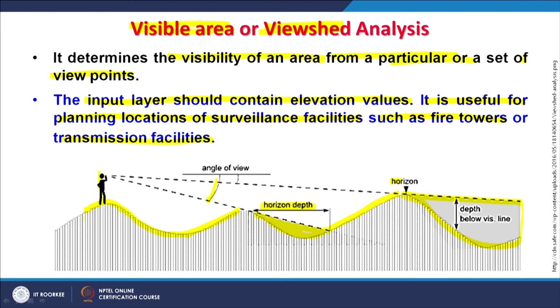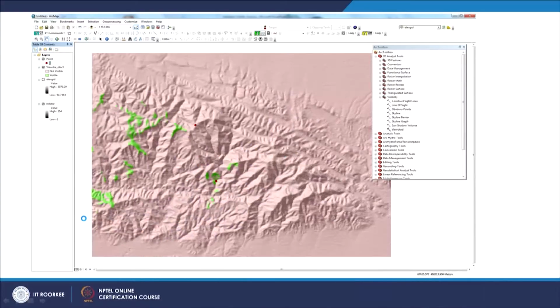So, I have just discussed this in terms of 2D, or in a profile section, but the same analysis can also be done in 3D, meaning all around, not only in one direction. Here it is shown only in one direction, but in all directions it can be done. Like here, this is the screenshot of ArcGIS analysis. The person or offset is given here; the person is standing here, or a tower.